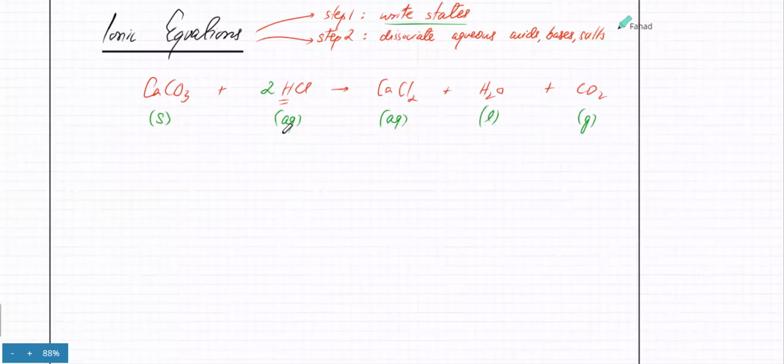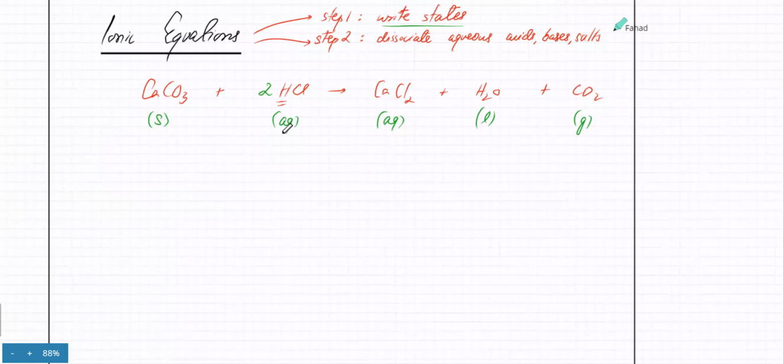So if you go back and have a look, कौन aqueous है? The first one, it's definitely not aqueous. ये जो आपका calcium carbonate है, that's not aqueous. So what we are going to do is कि उसको उसी तरह लिखो. It would be written as calcium carbonate and solid, exactly the same way.